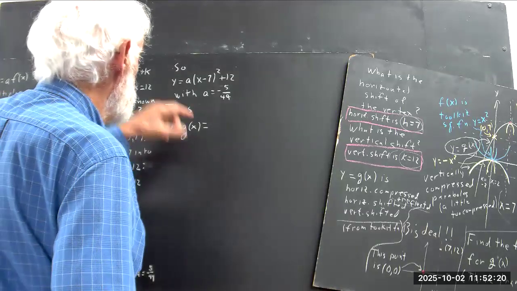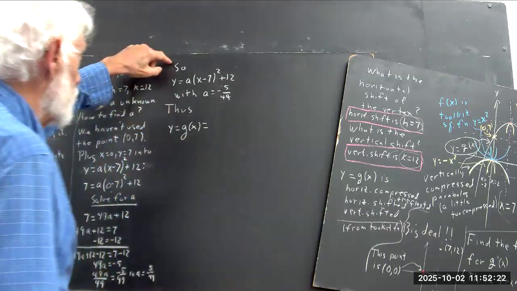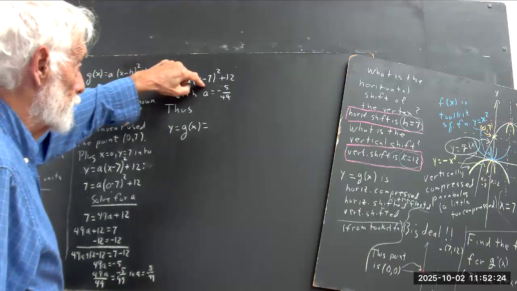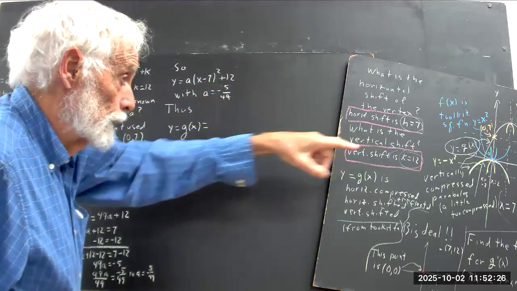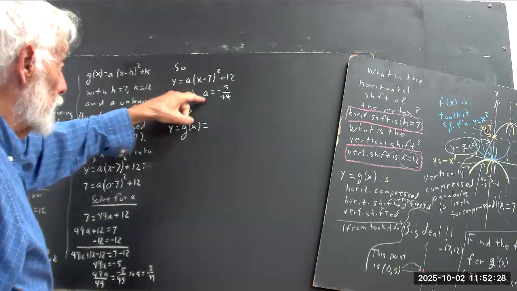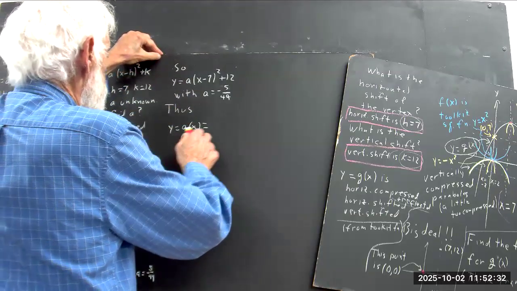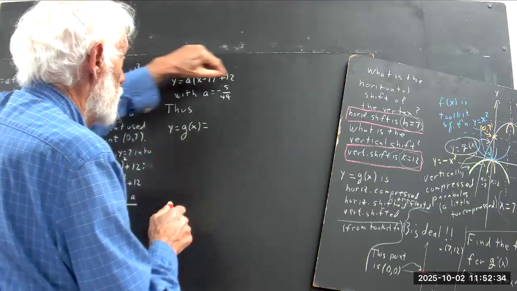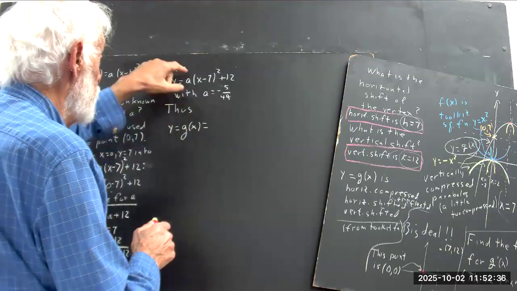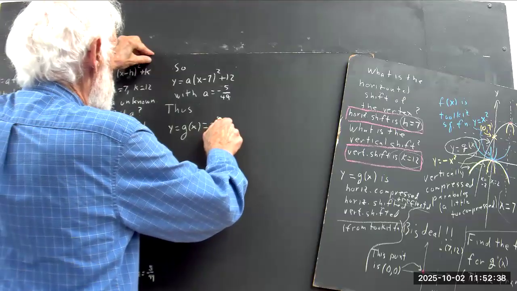Okay, we have y equals g of x, then, again, y equals a times x minus 7 squared plus 12, using the information from the graph, solve an equation for a. We conclude that y equals g of x equals whatever we've written here, but we replace a with negative 5/49.